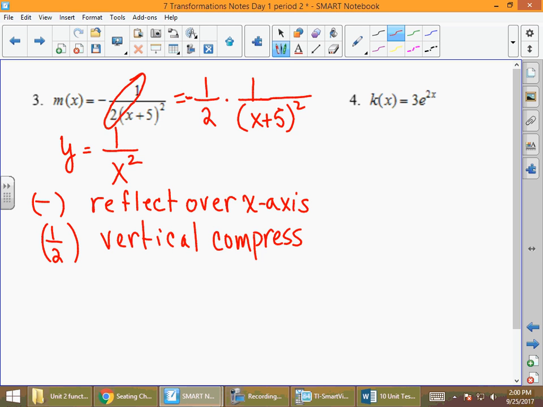That's where I'm getting the 1/2 from the problem to make it vertically compress by 1/2. And then we only have one more transformation, which is the plus 5, which is inside the function. And it works again in the opposite direction of what we think it's going to do. So we're going to go left 5.